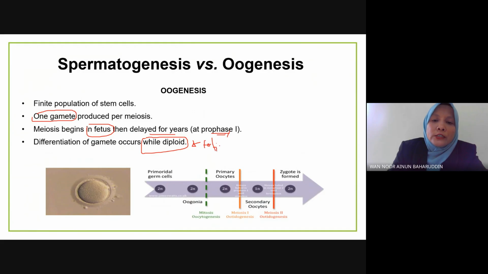The differentiation just starts there, because after fertilization they develop into a zygote and so on. We get a complete number, N of ovum plus N of sperm, to produce diploid cells of progeny.